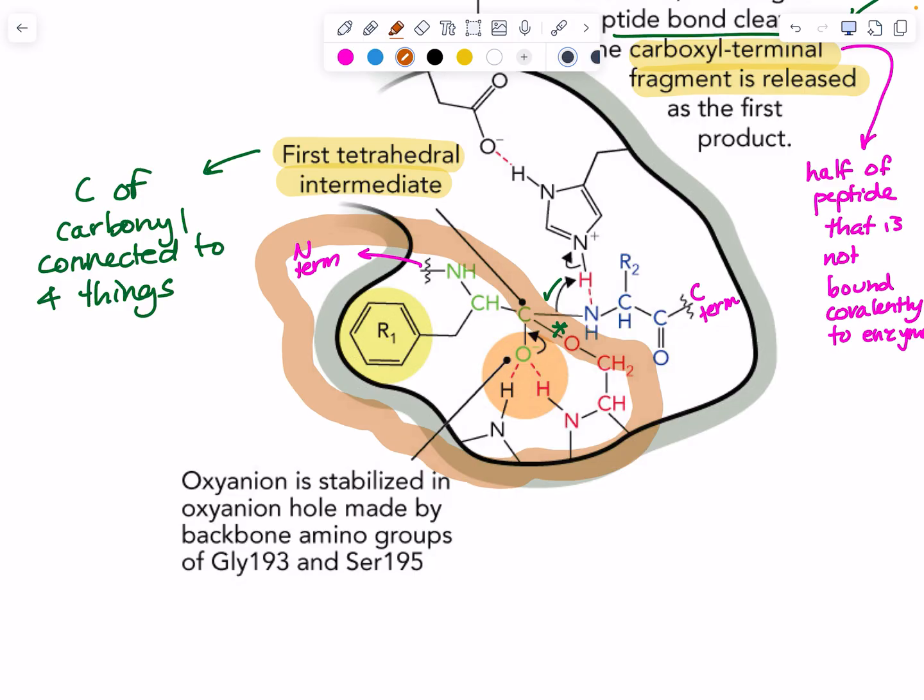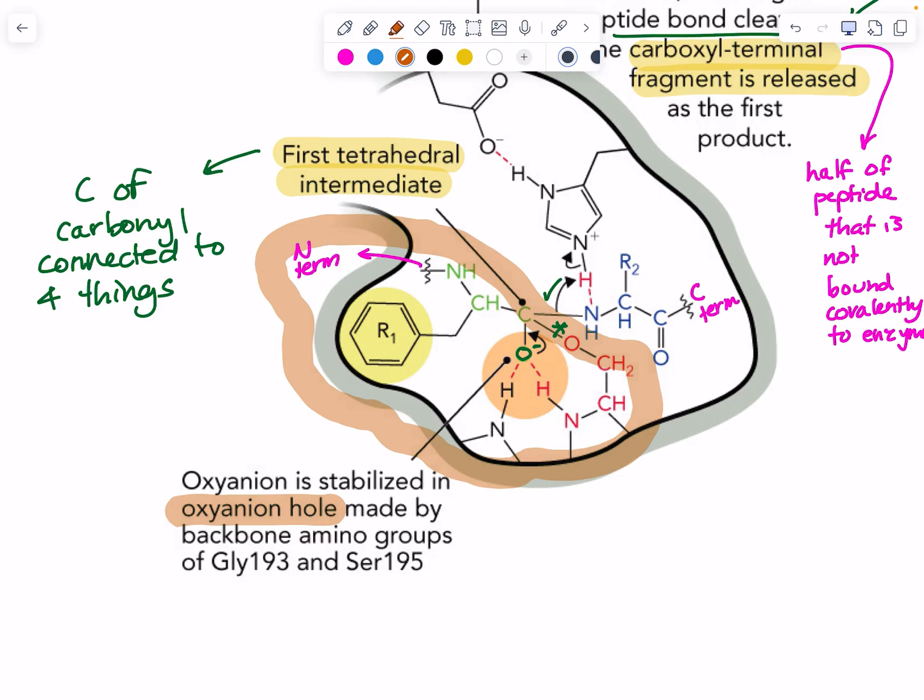Now, what that also leaves us with is an oxyanion that develops, and you see it highlighted in orange here. Here's the minus sign there. So there's our oxyanion. That has a negative charge, right? So this whole process is going to be favored if we can stabilize that negative charge. So that's where we have what's called the oxyanion hole.